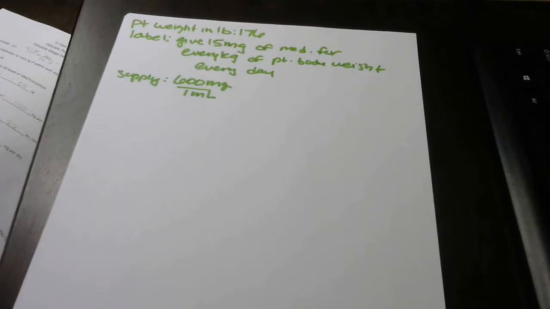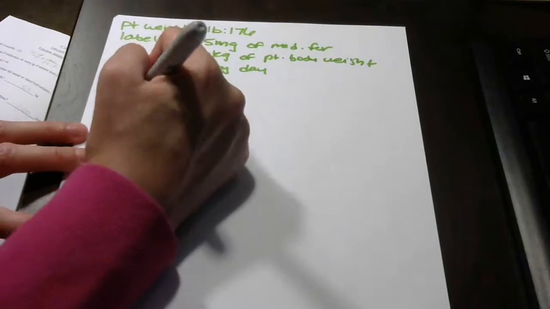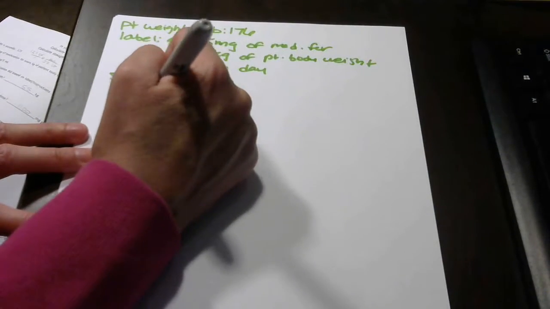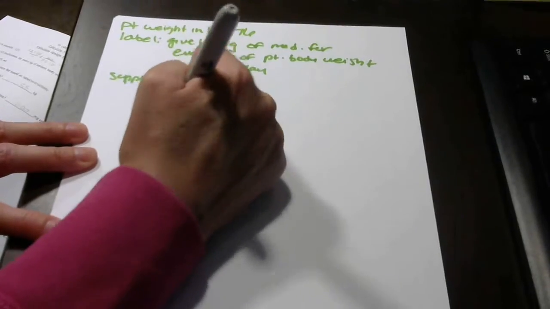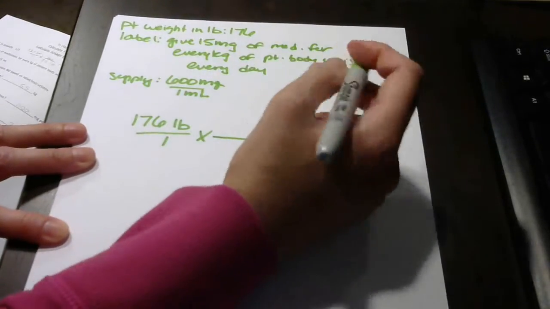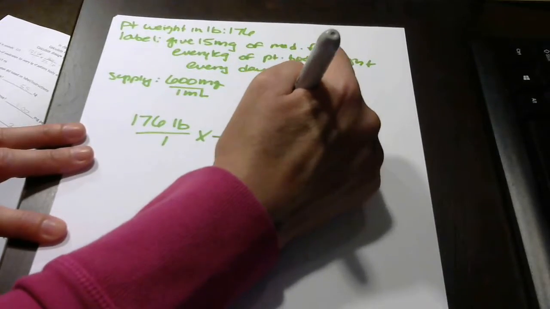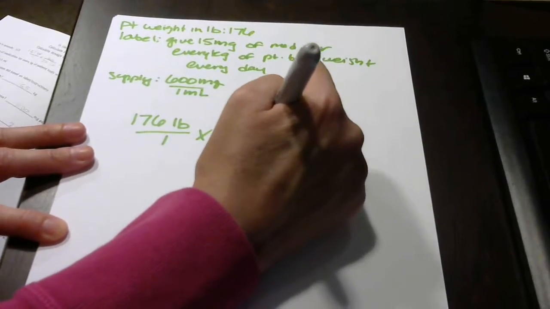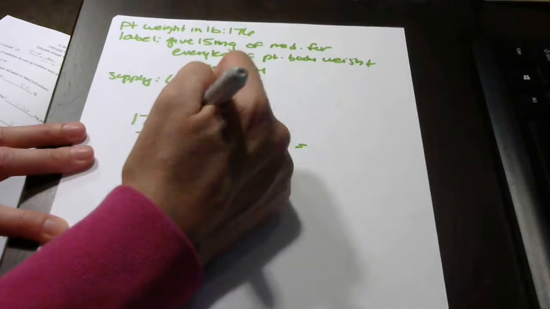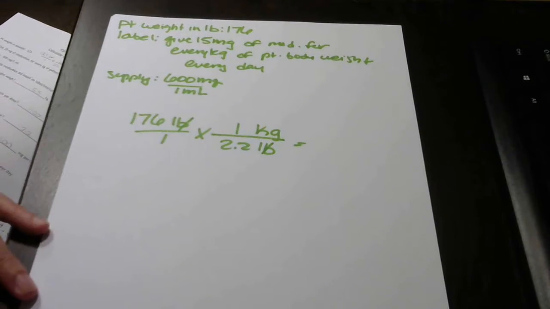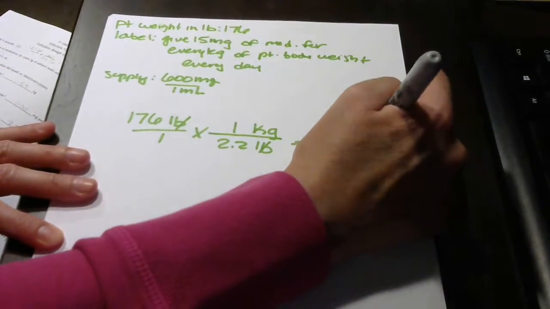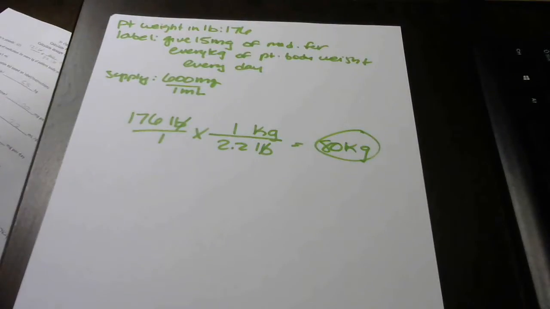So the first question is, how many kilograms does the patient weigh? Once again, we can just do 176 pounds over 1 times our conversion. We know that there is 1 kilogram per 2.2 pounds, and pounds cancels out. So we do 176 divided by 2.2. It's going to be 80 kilograms is the answer for the first question.